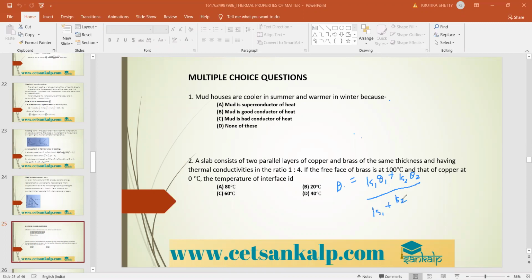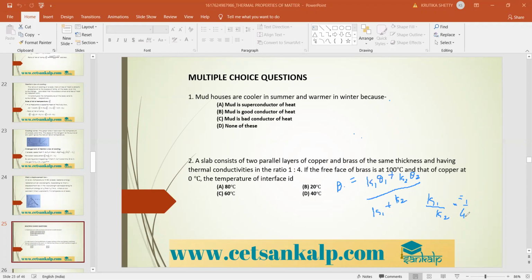Here they have given the ratio of thermal conductivities as 1:4. That is, K1 divided by K2 is equal to 1 divided by 4.